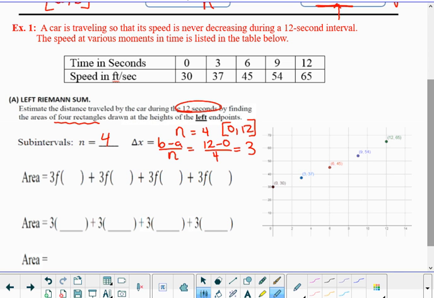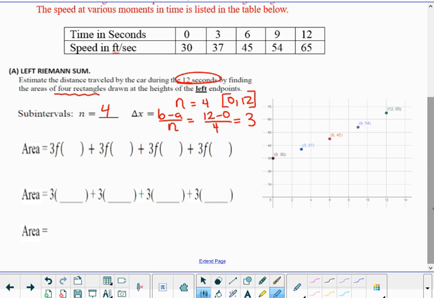Now let's go over to our diagram and draw in these rectangles that are 3 units wide. So I'd have 3, 6, 9, and 12. Now the height of the rectangle is determined by the left-hand side. So I chose to read the height of 30.